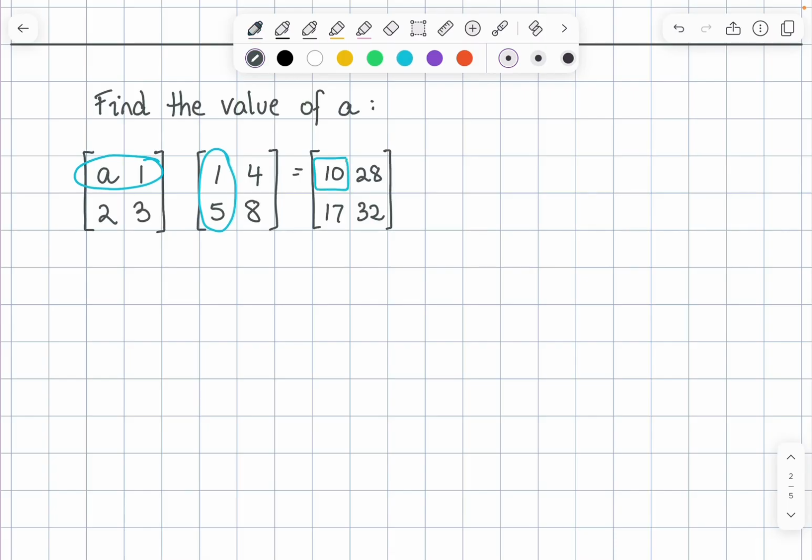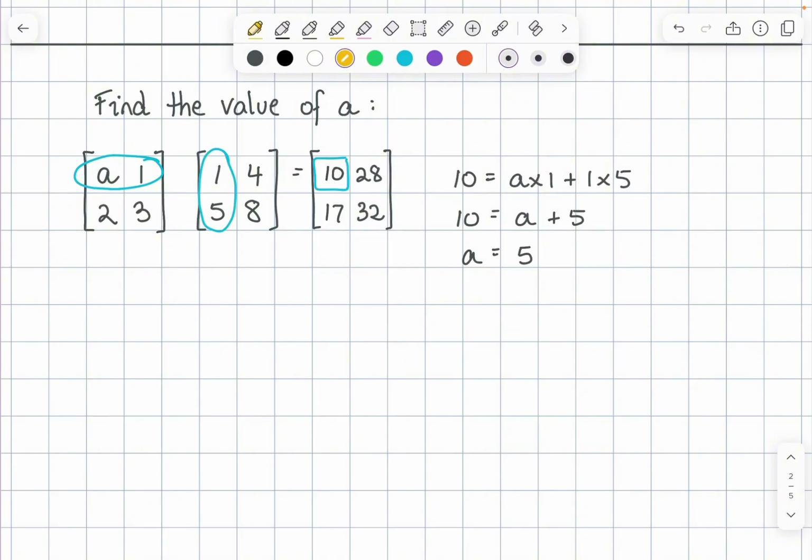So I can construct an equation out of this. I know that 10 is made up of a times 1 plus 1 times 5. Let's solve that equation. A times 1 is just a, 1 times 5 is 5, therefore a must be 5.